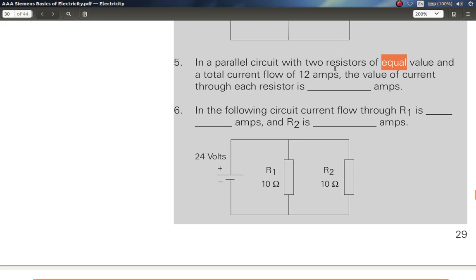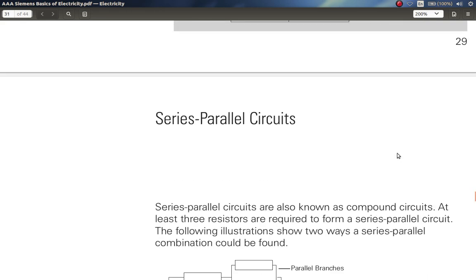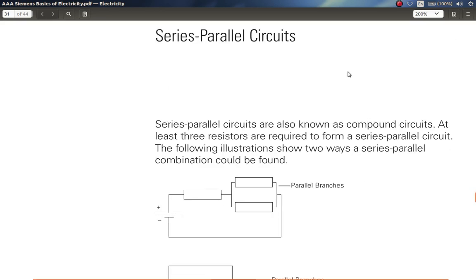What's the value through each resistor? You should calculate that. In the following circuit, what is the current flow through R1, and for R2? Calculate those. Then we have series parallel circuits. We will study the series parallel circuit in a separate video, so I will see you then.